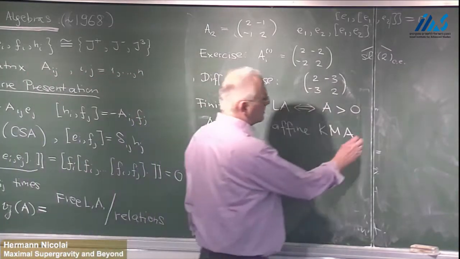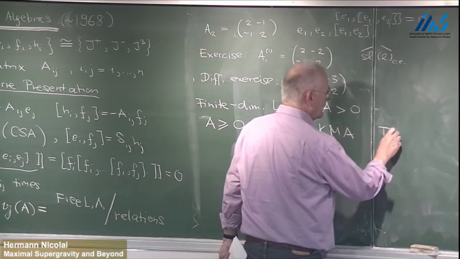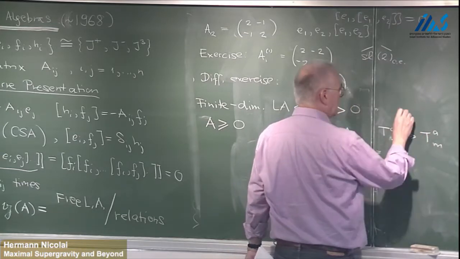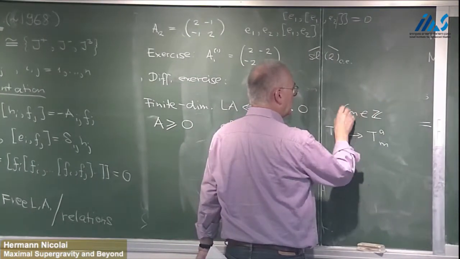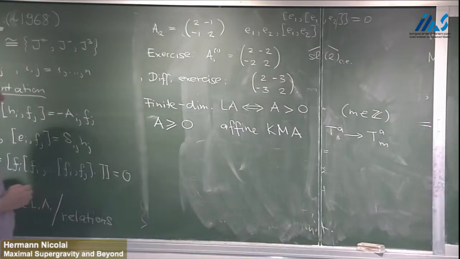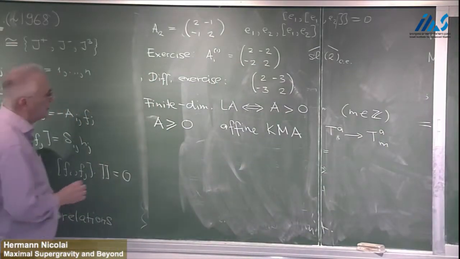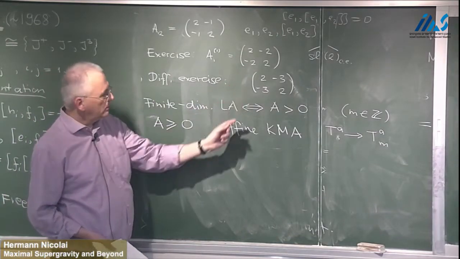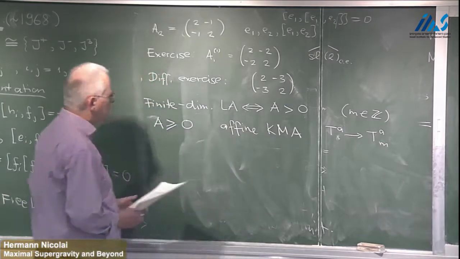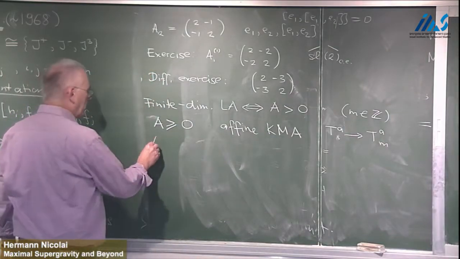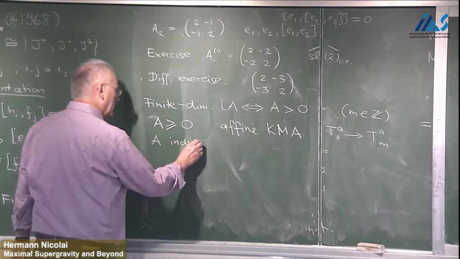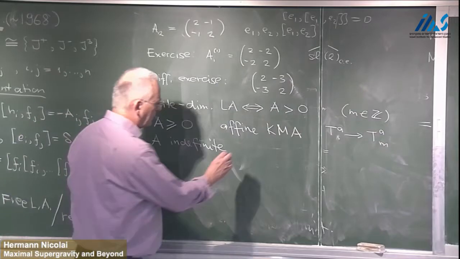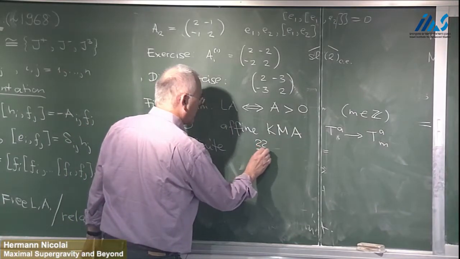So you take T^a generators and simply affinize them by putting an index m, where m runs over all integers. And now you see this does have a 0 eigenvalue, and therefore it falls into this category. And finally, we have A indefinite, and in that case, we don't know, or very little is known.